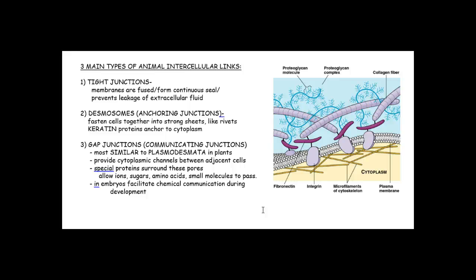Desmosomes, also called anchoring junctions, fasten cells together into strong sheets like rivets, and keratin proteins anchor them to the cytoplasm. Gap junctions, sometimes called communicating junctions, are most similar to plasmodesmata in plants, providing cytoplasmic channels between cells where things can be transported across those little areas to neighboring cells.